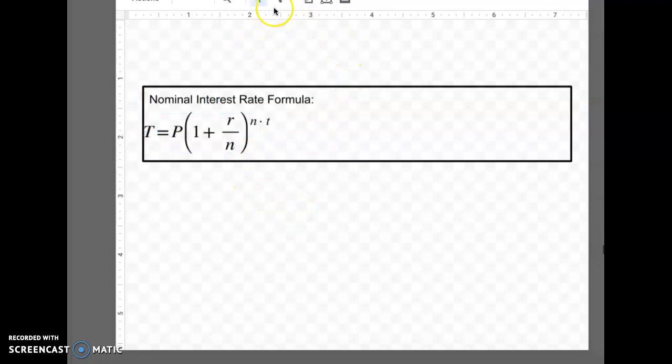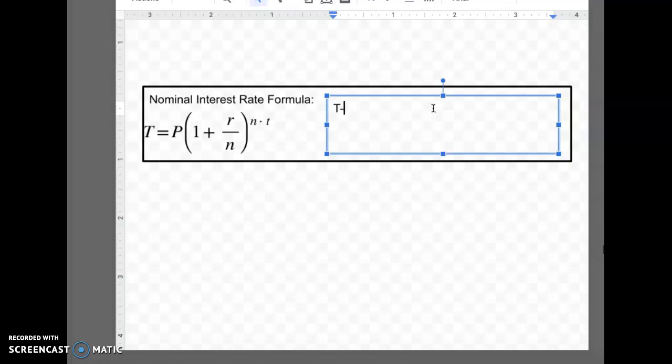Again, let's list out what each of those things is. T is the total amount in the account. P is the original amount invested. R is the rate as in rate. N is then the number of times compounded.